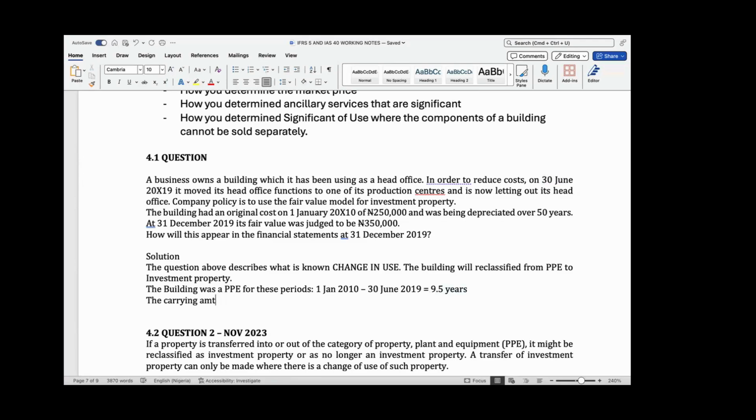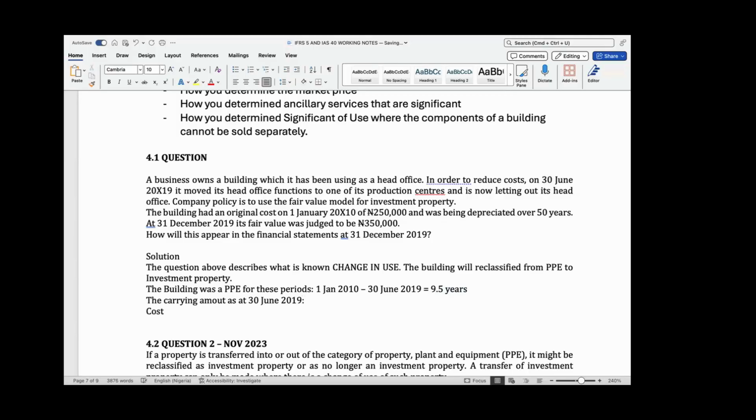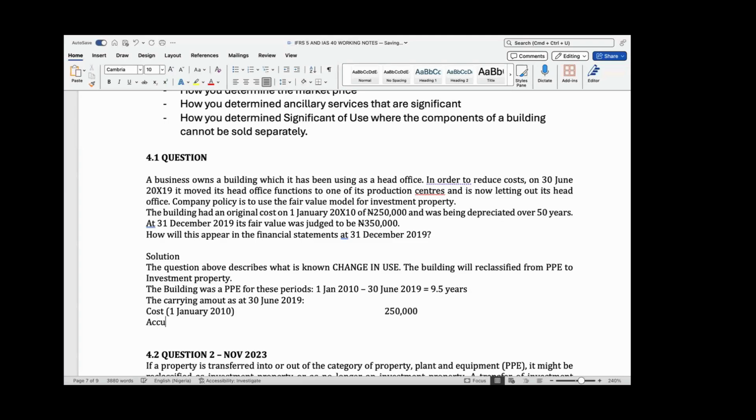And we need to then get the carrying amount as at 30th June 2019. The carrying amount is going to be the cost of the building, which we're told was acquired for 250,000 on 4th January 2010, minus accumulated depreciation.